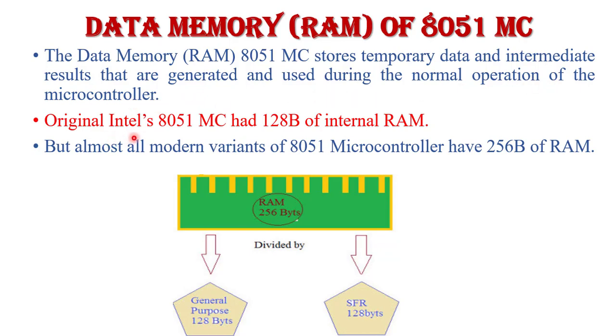The original Intel 8051 microcontroller had 128 byte of internal RAM, but almost all the modern microcontrollers having 256 byte of RAM. So the total 256 byte of data memory, that is called RAM, is divided into two parts. First part is called the general purpose memory area, which is 128 byte, and the second part is also 128 byte, that is the special function register memory area.